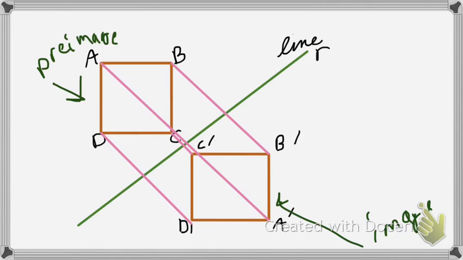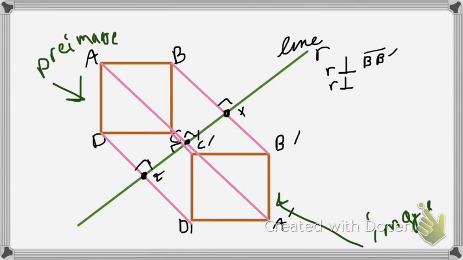There are certain properties that line R has in relation to those 4 segments. First and foremost, it is perpendicular to all 4. And it is also the bisector of all 4.